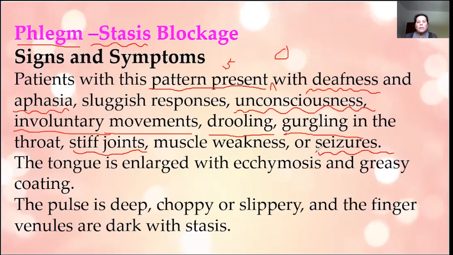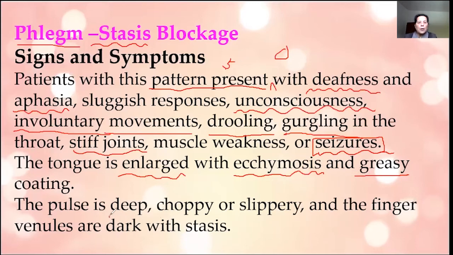We have a special class that specially discusses scissors gait, which can be caused by many reasons. The tongue shows phlegm and some dark red spots. The spots come from blood stasis, and the greasy tongue coating comes from the phlegm.